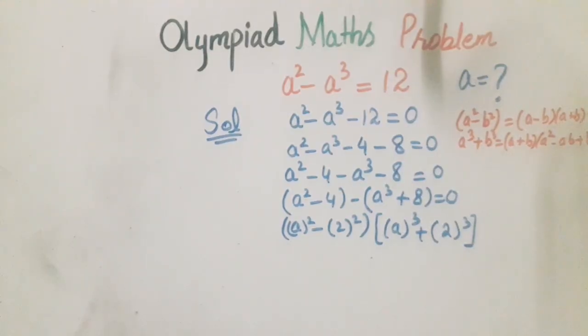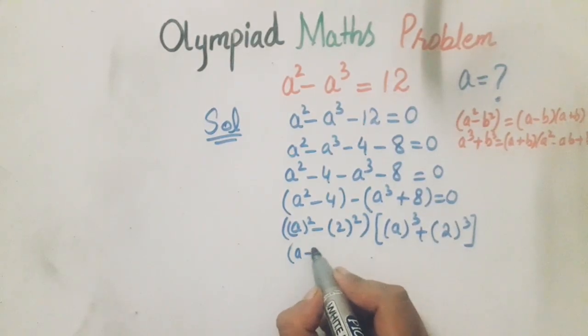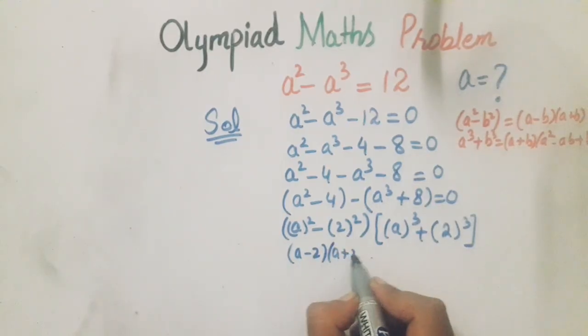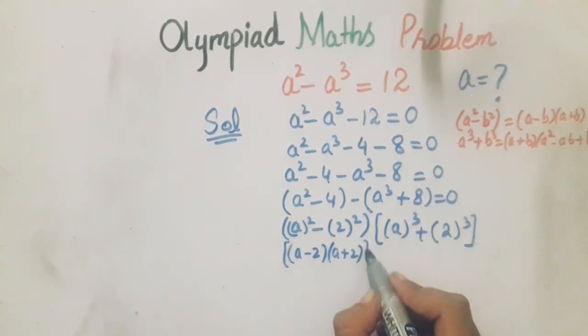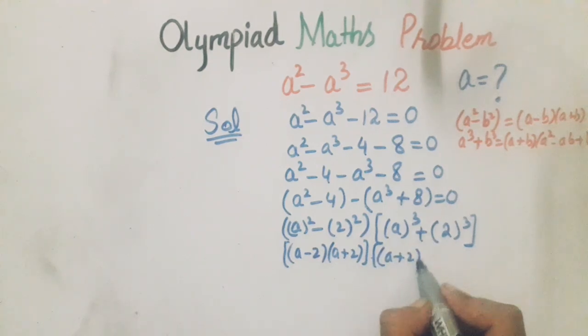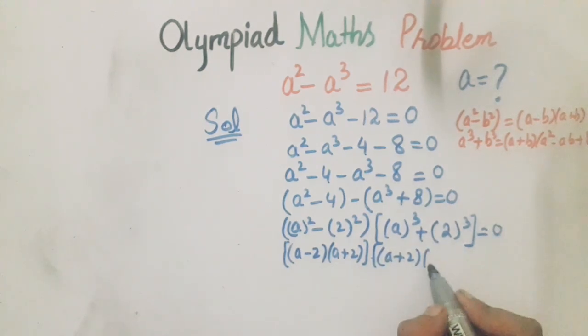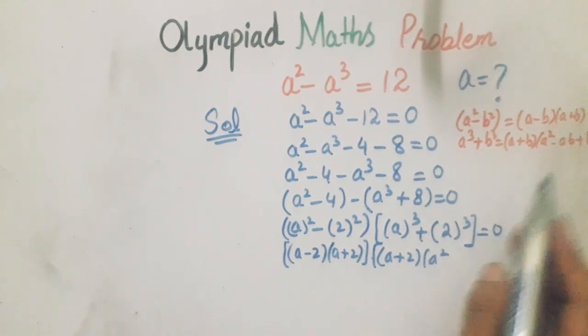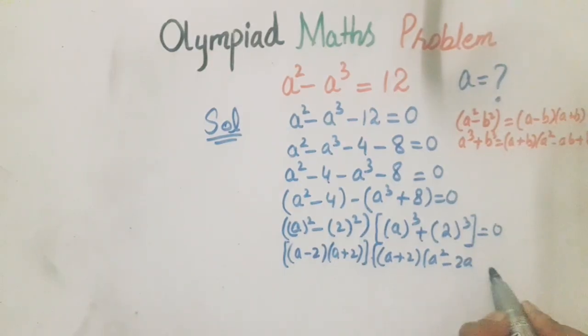Now we will apply this formula here and get a minus 2 into a plus 2, and on this side we will have a plus 2 into a square minus 2a plus 4, and this equals 0.